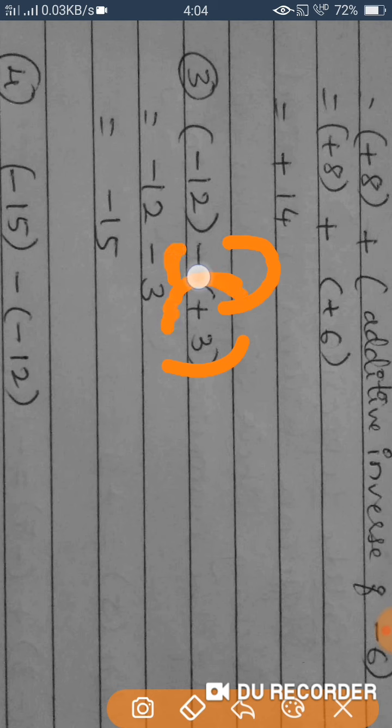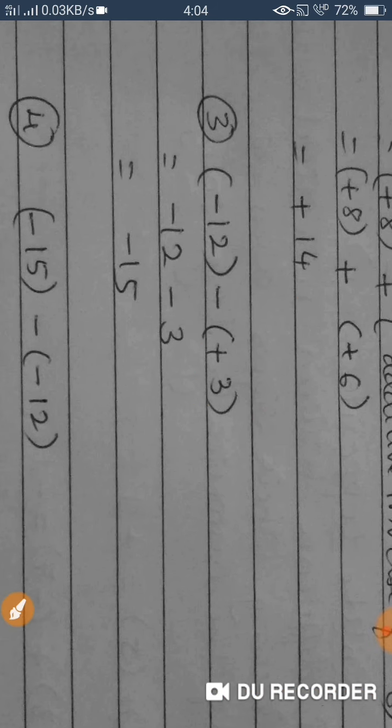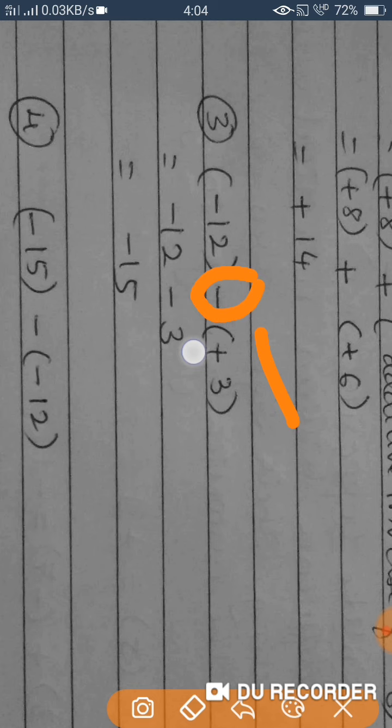Between the signs there is a bracket, so we are only multiplying the signs here. Or, in a shortcut way, just change the sign of the second one because of this minus, and we can neglect the subtraction sign.